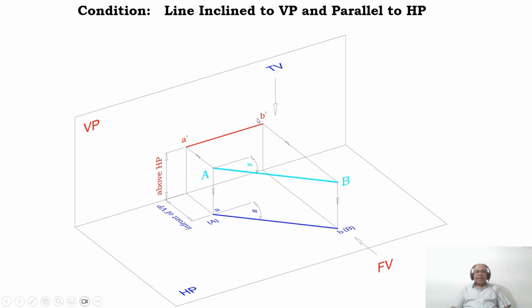So you are going to get A dash and B dash. What is the length of A dash B dash? The length of the A dash B dash is less than this length. That is the reason why this is going to be the apparent length. So this is how we will be able to analyze the line inclined to VP and parallel to HP.